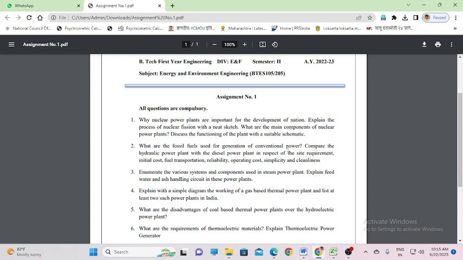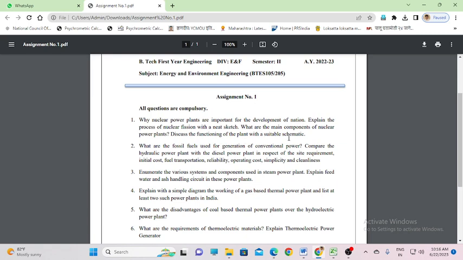Question number second, explain the process of nuclear fusion with a neat sketch. In this question, write the process of nuclear fusion with a working principle diagram and elaborate the process. Next sub question, what are the main components of nuclear power plants?